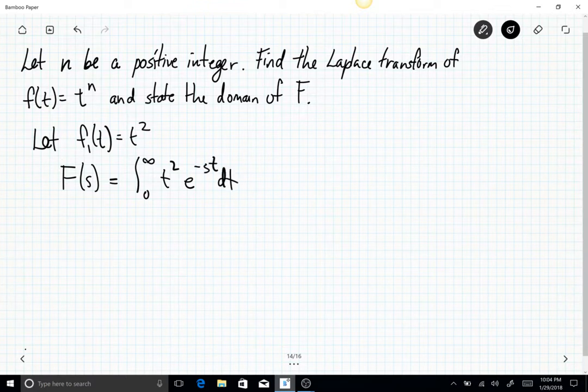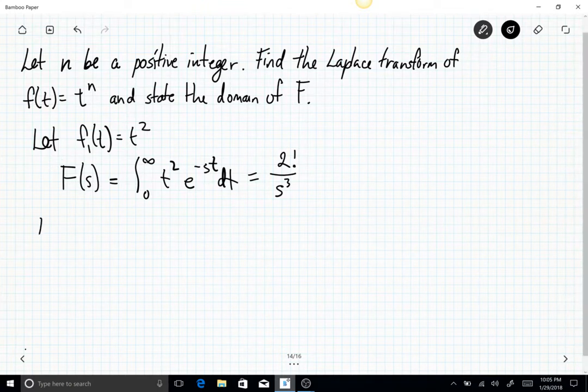You could do a similar process. And when you take your integral, you're going to get the previous Laplace transform, and you can kind of reiterate this. So after all is said and done, you do all the work, you're going to get that this is 2 over s cubed. Or what we like to say oftentimes is 2 factorial over s cubed.